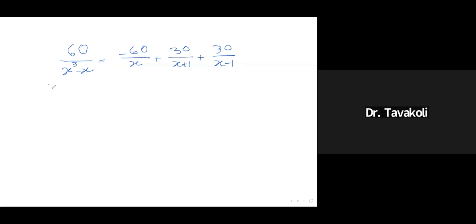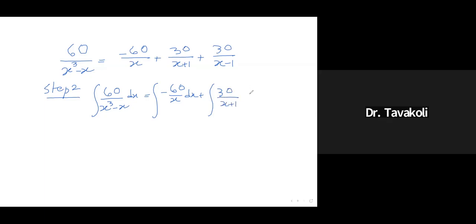Now, step 2, which is the step that gives us the final answer: the integral of 60 over x cubed minus x dx is the integral of −60 over x plus the integral of 30 over x + 1 plus the integral of 30 over x − 1.